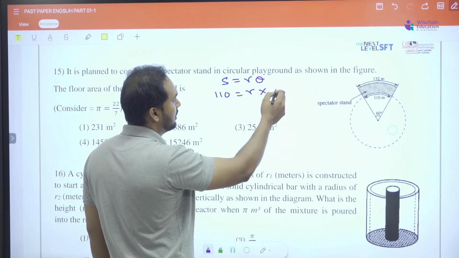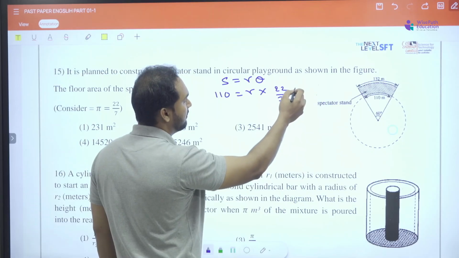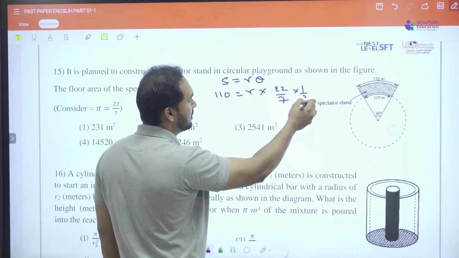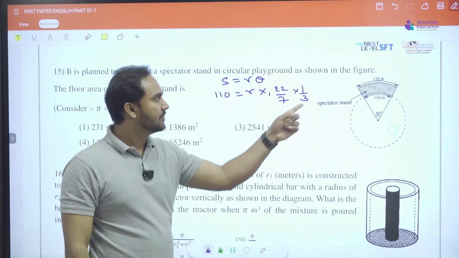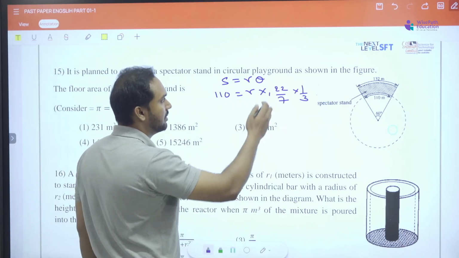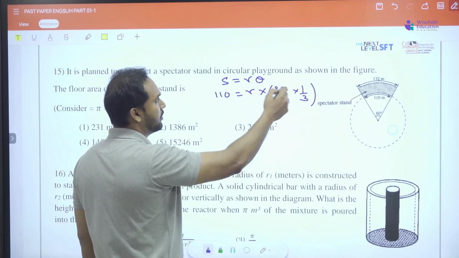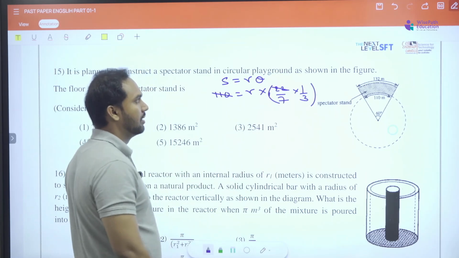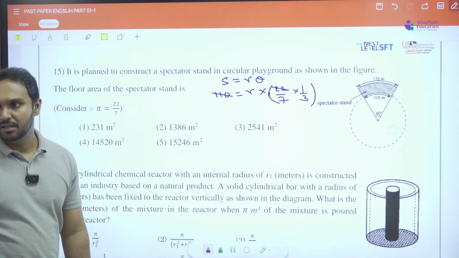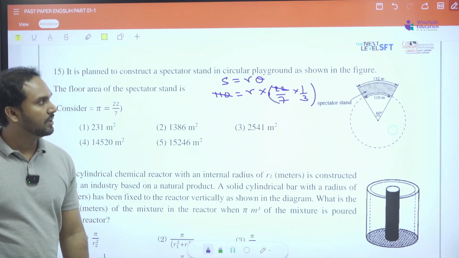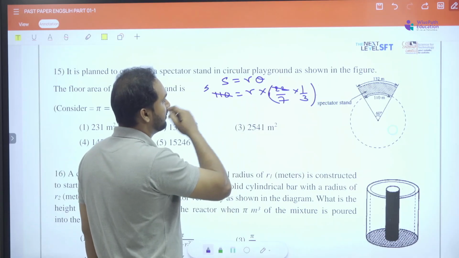So it's 22 over 7 divided by 3, that is pi over 3. So you have to find the R. So how many 22s are there? 110, that is 5 times 22.